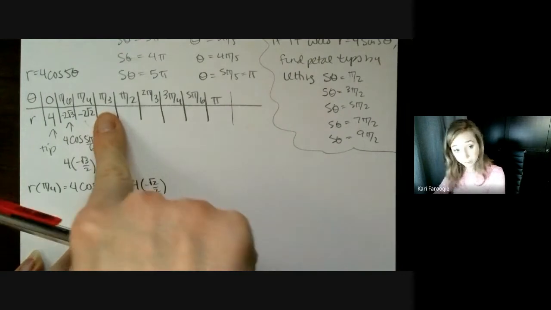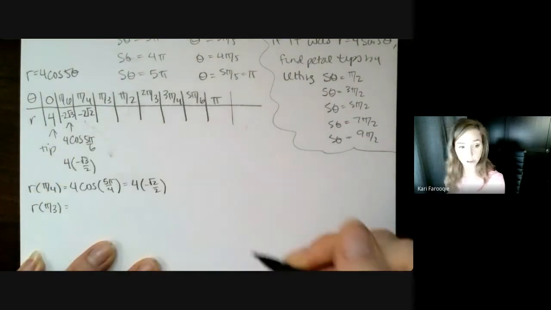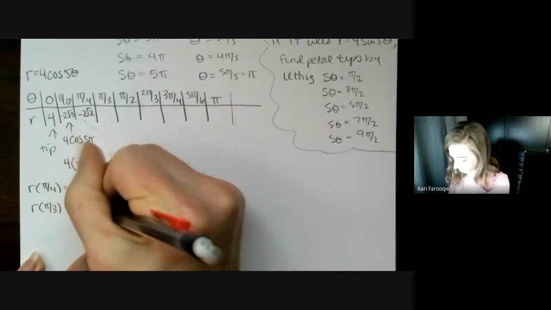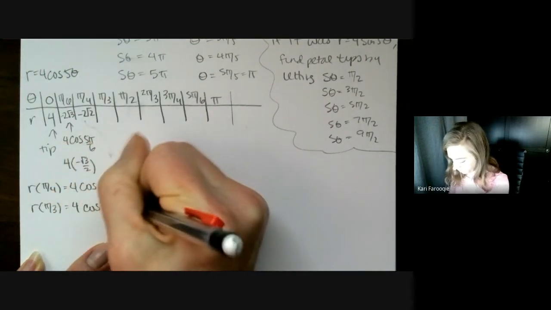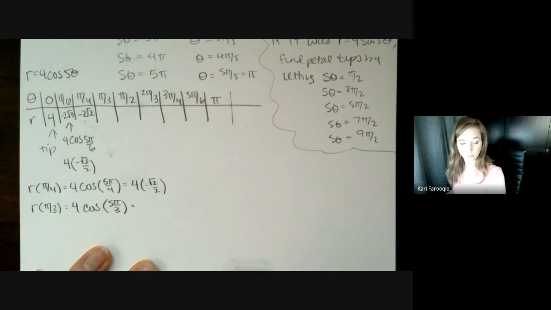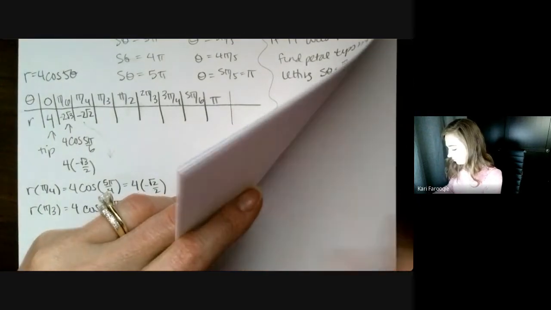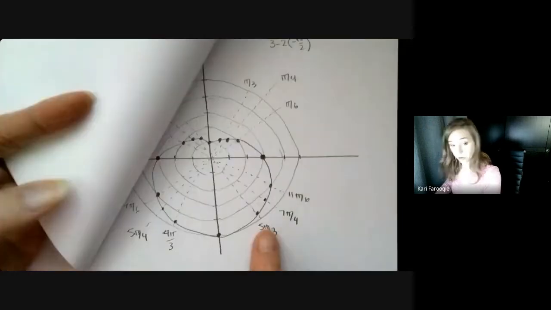Now, at pi over 3, we'll do r of pi over 3 is 4 times the cosine of 5 pi over 3. Now, 5 pi over 3 is in quadrant 4.